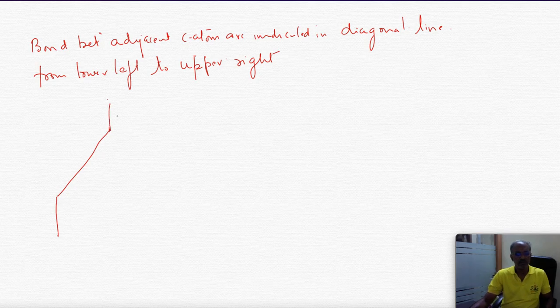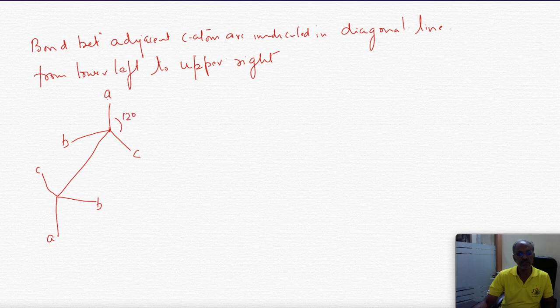Now we will say this is A, this is B, and this is C. Similarly, this will be B. Take for example, this is C and this is A. Here it will be approximately 120 degree.